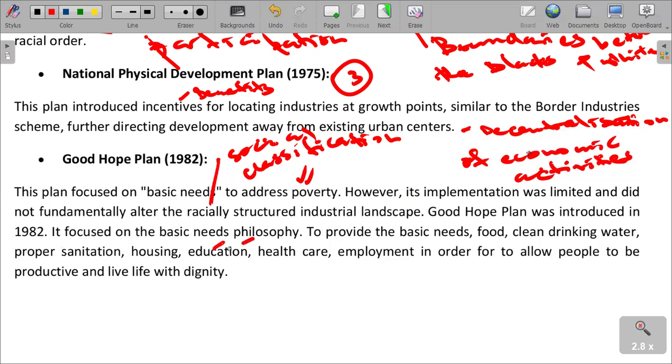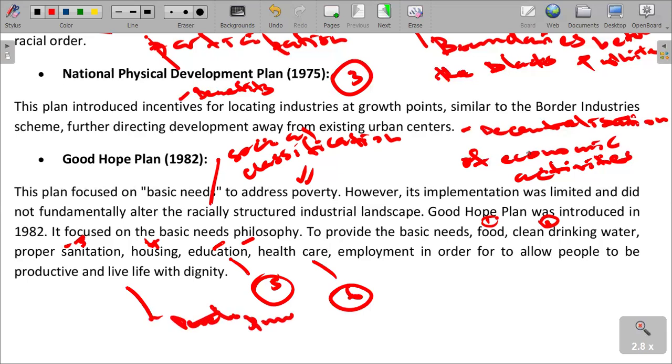It wanted to provide basic needs such as food, clean drinking water, proper sanitation, housing, which is obviously a basic need, education and health care, as well as employment, in order to allow people to be productive and live life with dignity. We can consider that as development.